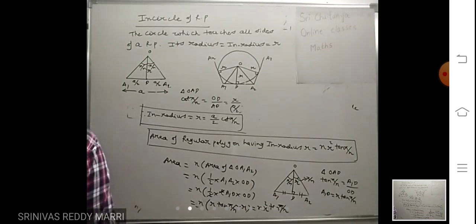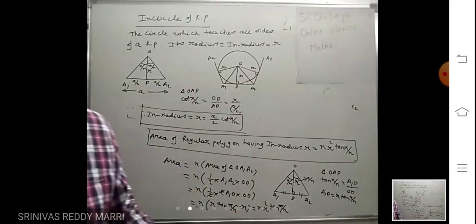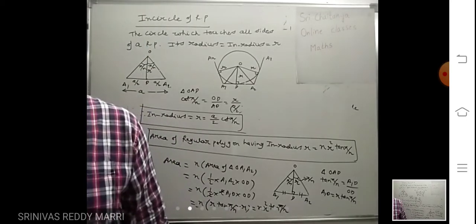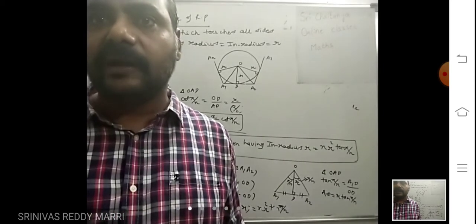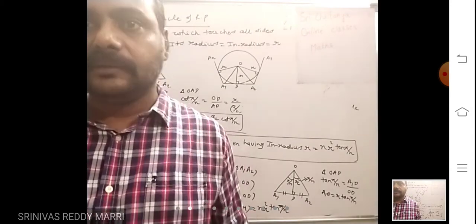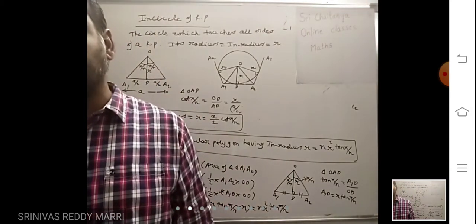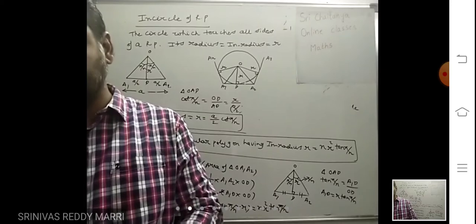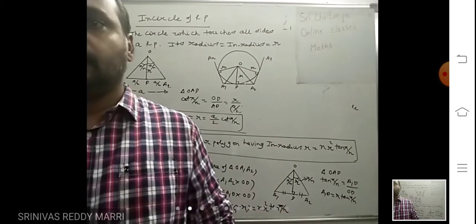In this concept there are 4 formulae. Briefly I will summarize. There will be 2 cases. First case: the circle is outside and the polygon is inside. That outer circle is called the circumcircle.